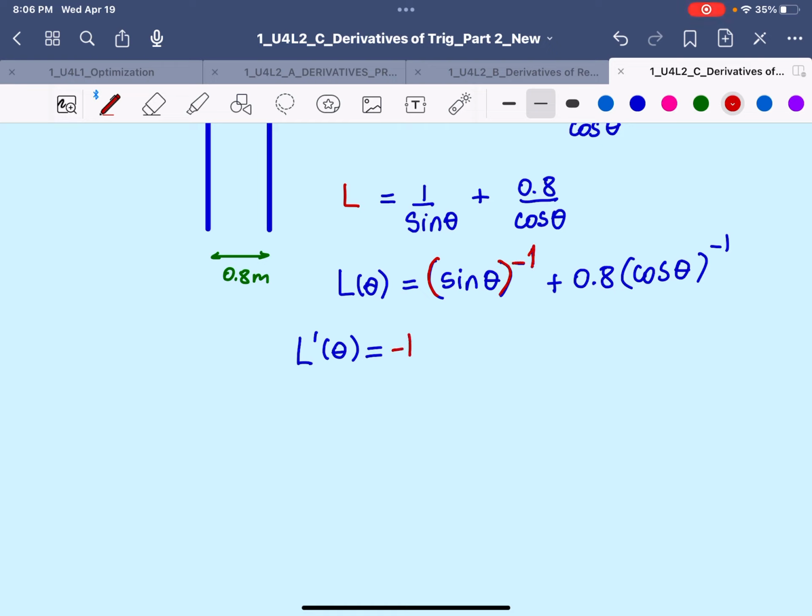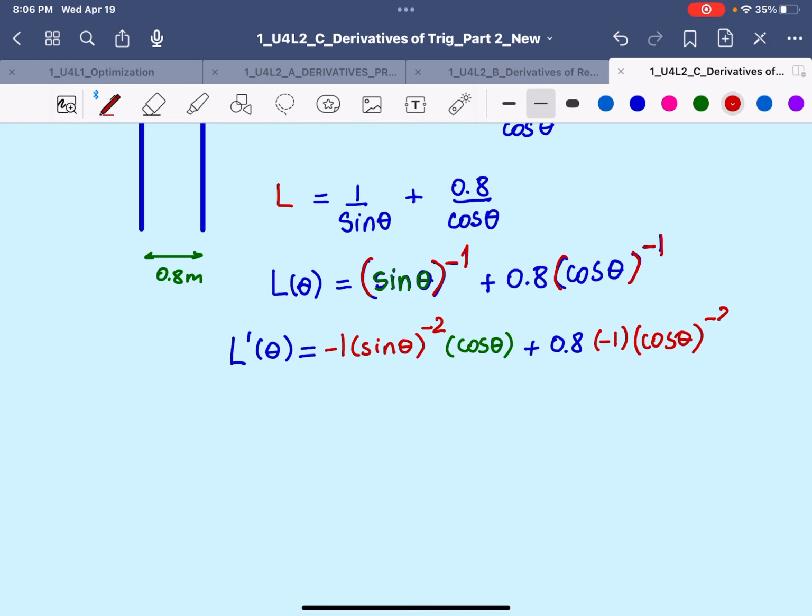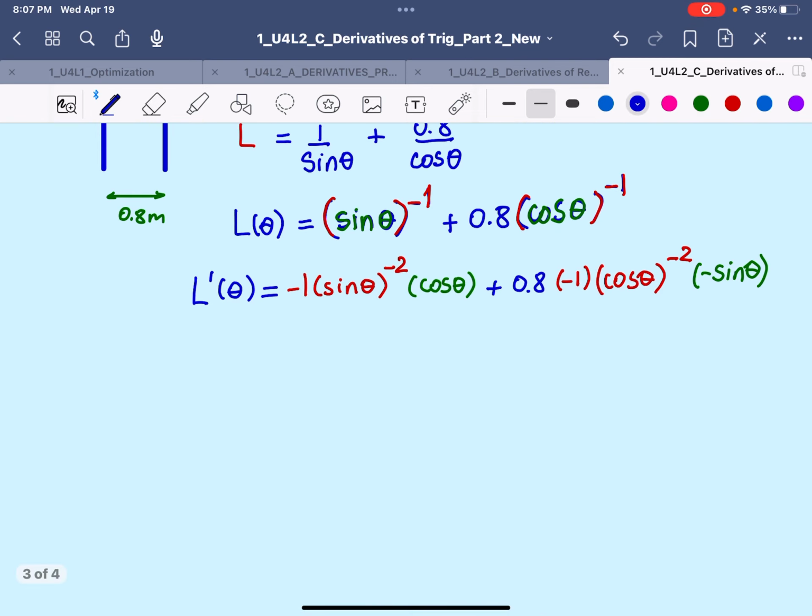That will give -1 sine theta to the power of -1 minus 1, so that's -2, multiplied by the derivative of the inside function. The derivative of sine is cosine, so we'll write cos theta here. In a similar way, we'll deal with the next term, 0.8. We have the outside function, which is the power of -1. That means we have -1 cos theta to the power of -2, multiplied by the derivative of the inside function, which is the derivative of cosine, and we know the derivative of cos is negative sine. Close the brackets.